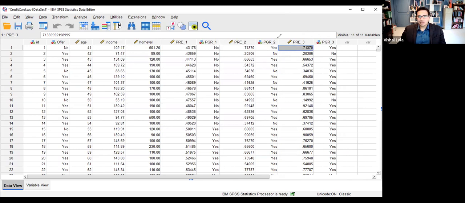Specifically, we'll look for an aberrant example. Okay, here is one. For the fifth observation in our data, when we had pre_2 and pre_3 are the same, the predicted probability is the same.